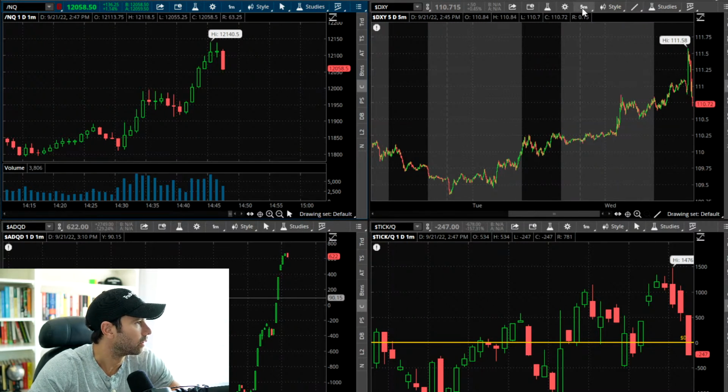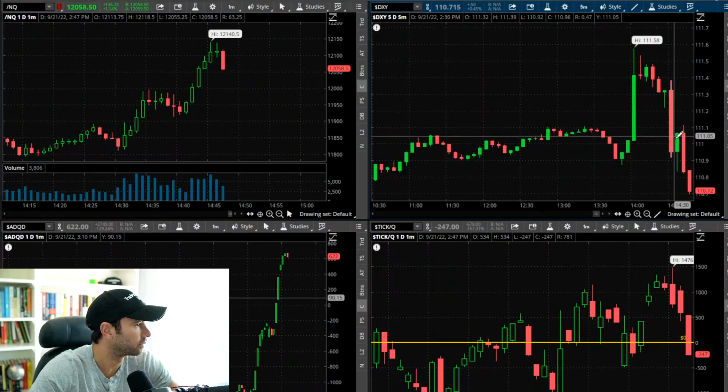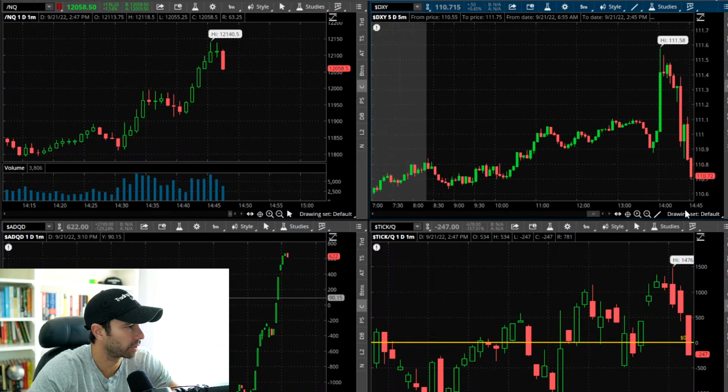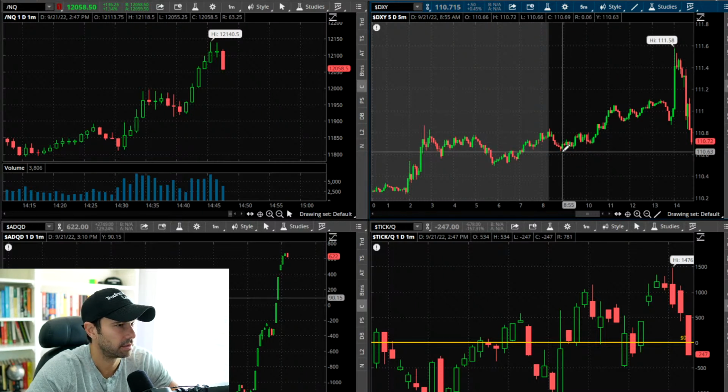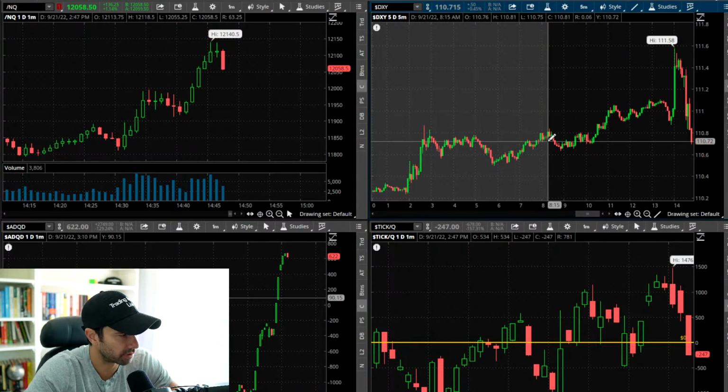All right, so what is this? 5 minutes on the dollar. All right, so the dollar gives us a very interesting pattern right here. This is the low for the day, and the market is at its highs. So that's a pretty good inverse relation right there.